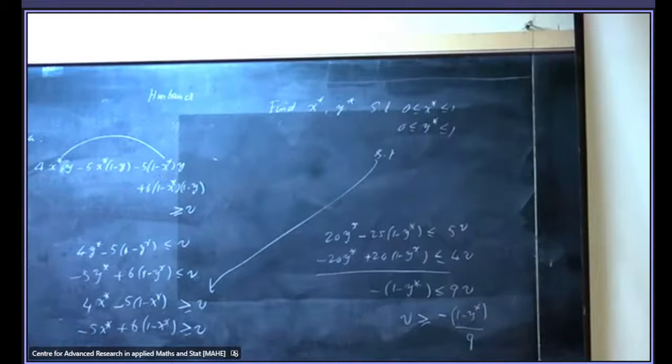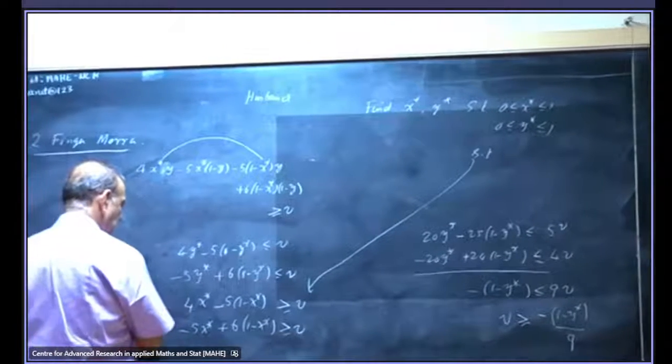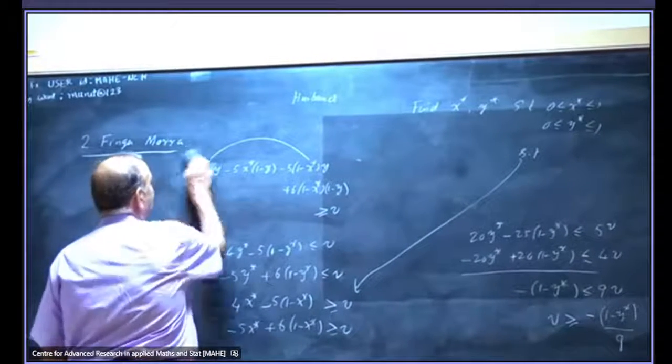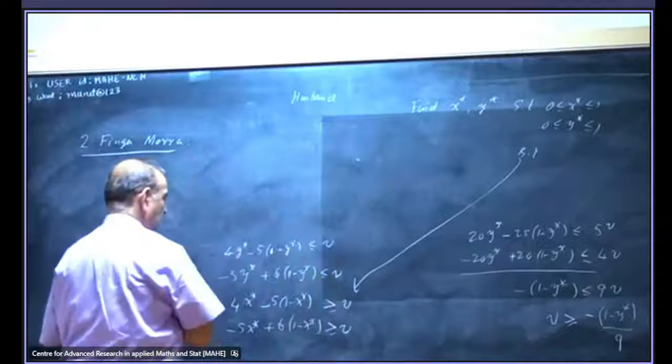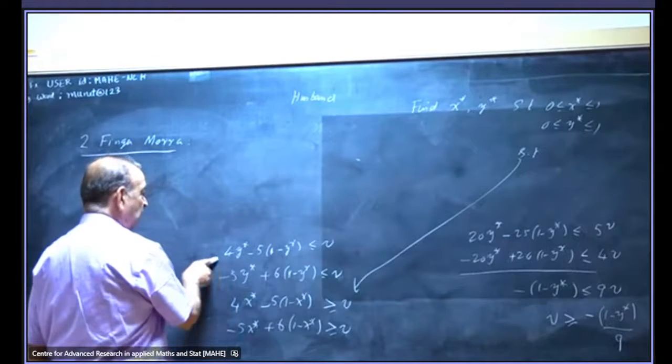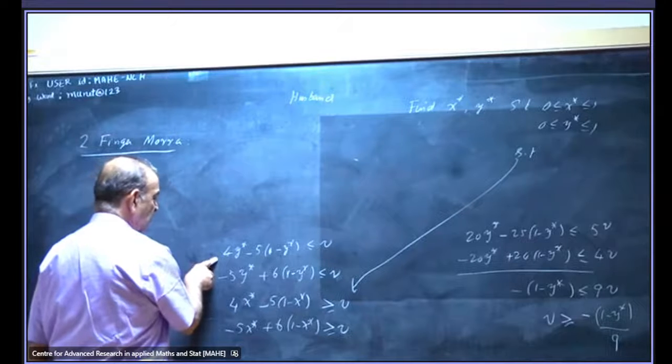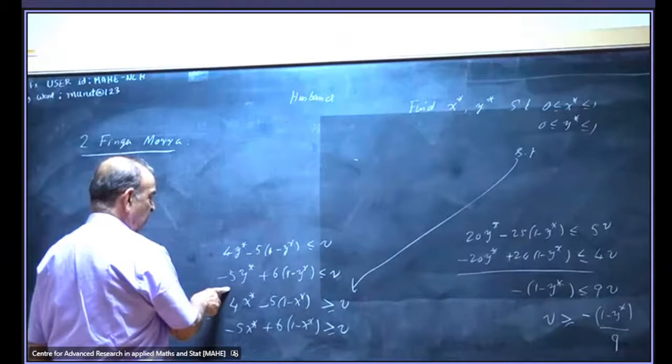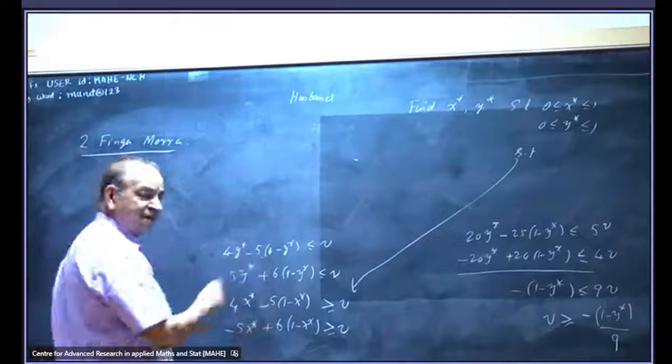Now let us do the following. Now I am going to multiply this by 5 and this by 4 and add.